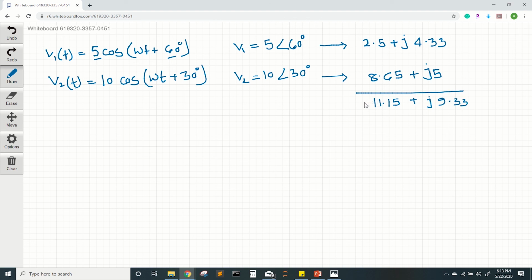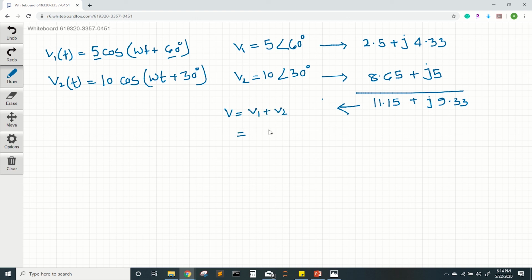One thing we should remember is that for addition and subtraction, we have to convert from polar form to rectangular form, because in this form it is easier to do the calculation, and then, if necessary, we convert it to the final polar form.